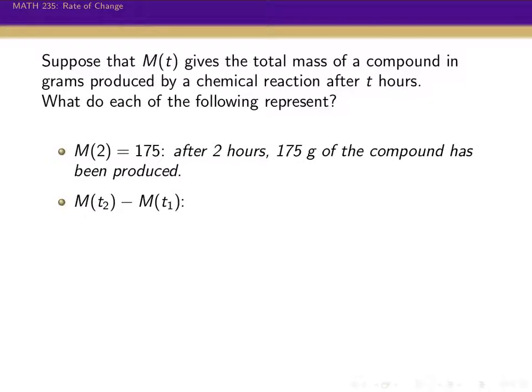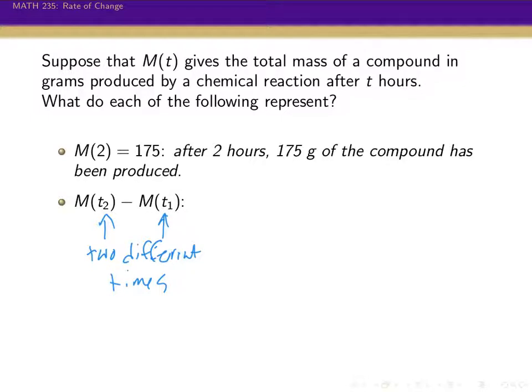Okay, what if we looked at m of t2 minus m of t1? Right, so t2 and t1, these represent 2 different times. So we've plugged 2 different times into our function, and then we're taking the difference between them.